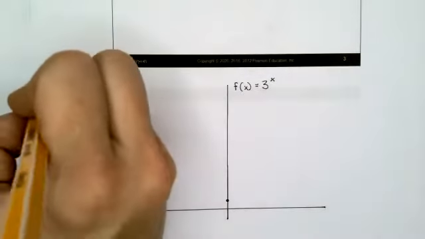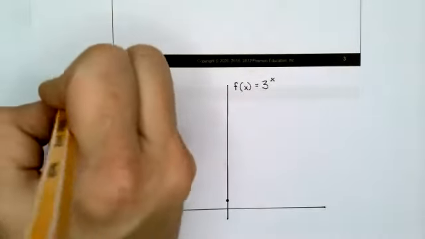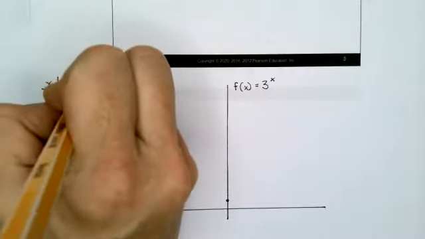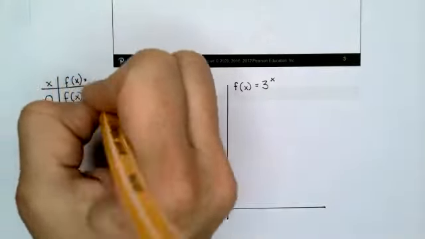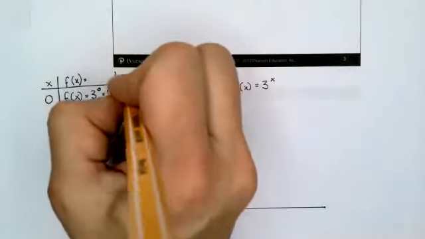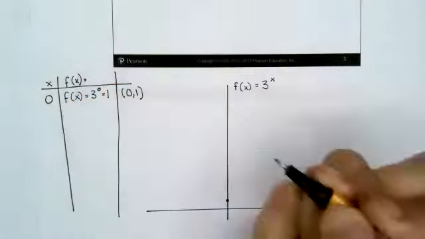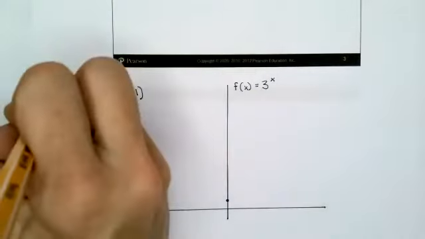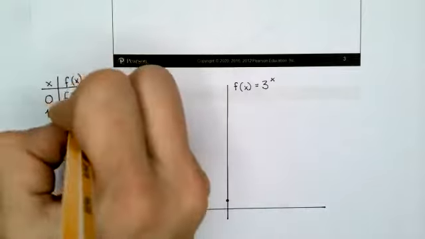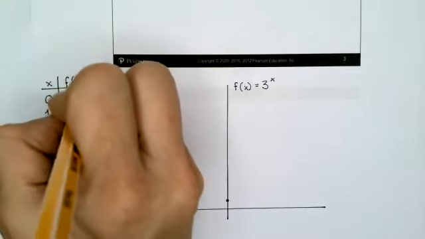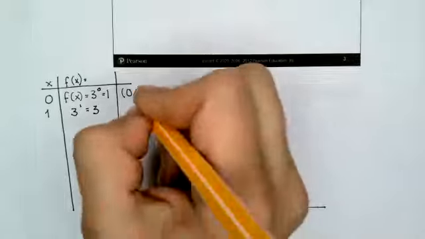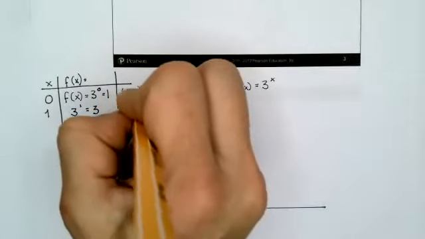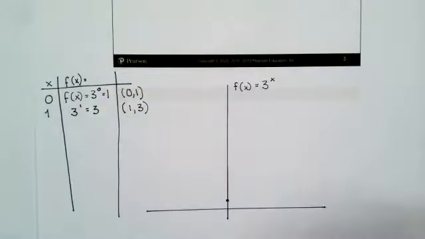So when x is 0, f of x is 3 to the power of 0, which is 1. So my ordered pair is (0, 1). We can also ask, what is it when x is 1? Then we have 3 to the power of 1, which is 3. So my ordered pair is (1, 3).